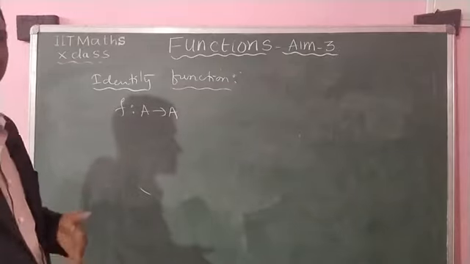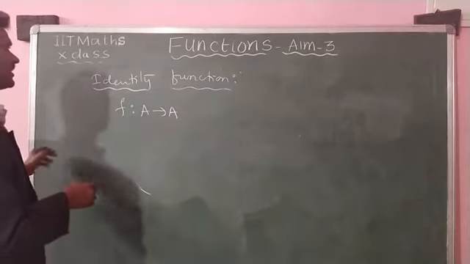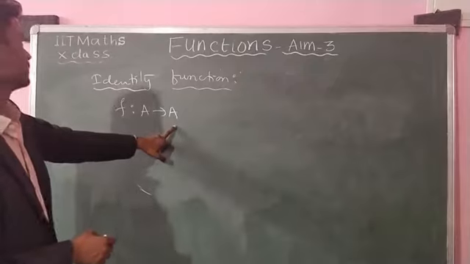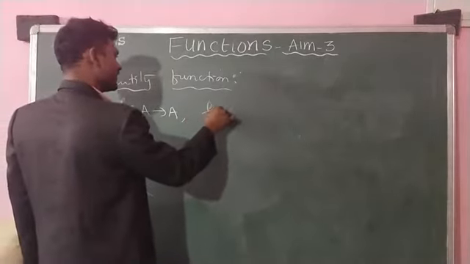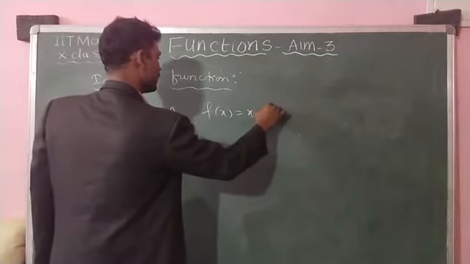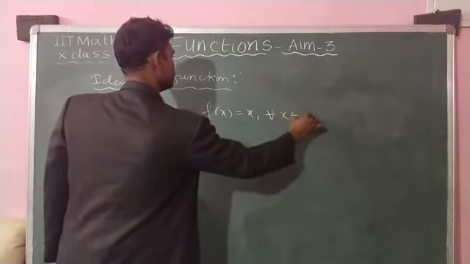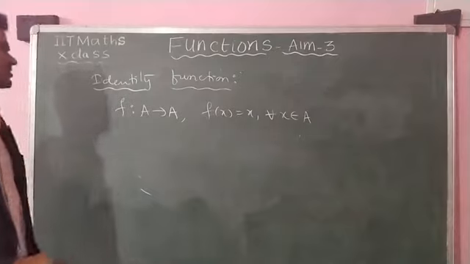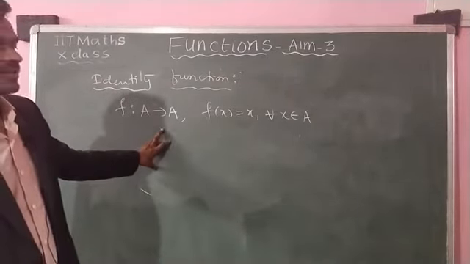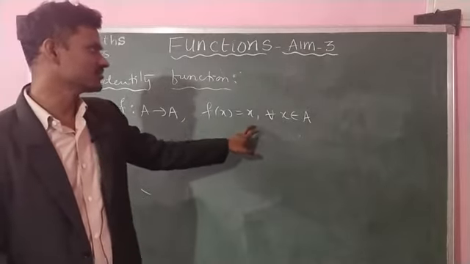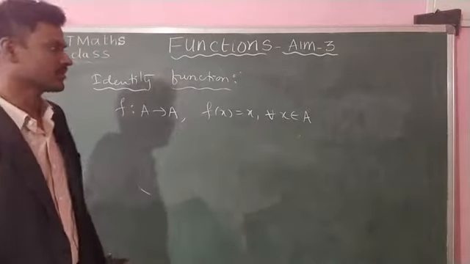All the elements are assigned to themselves. Now f is a mapping from A to A, said to be an identity function, defined as f of x is equal to x for all x belongs to A.